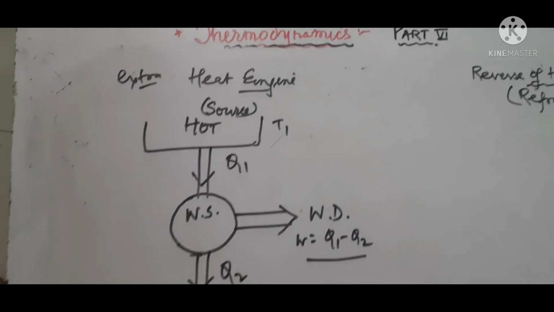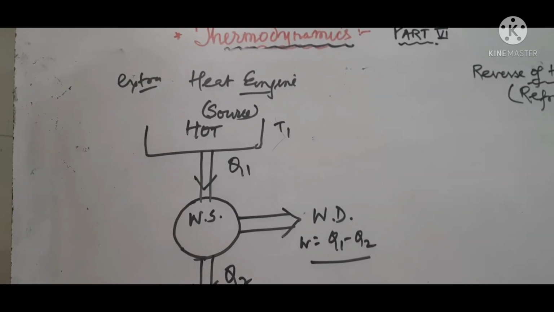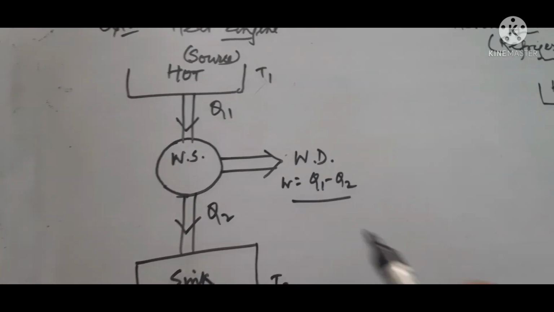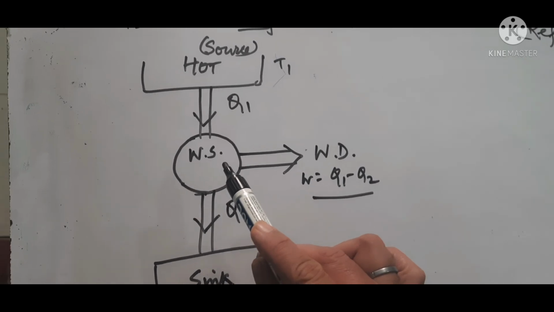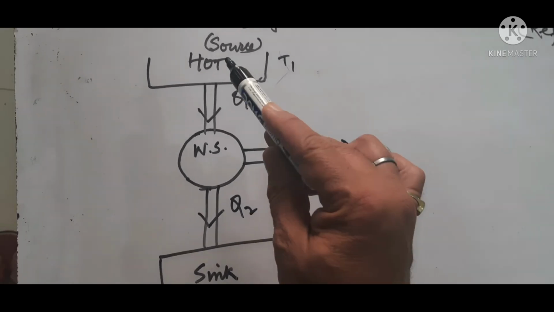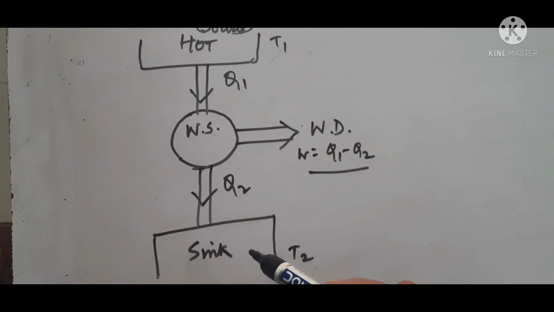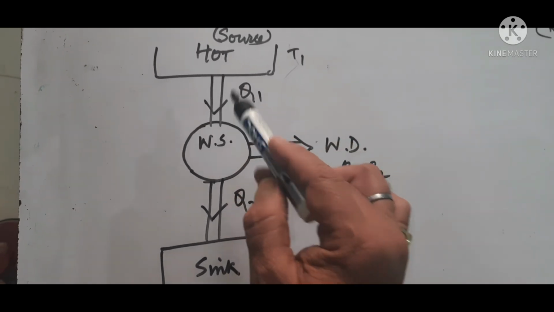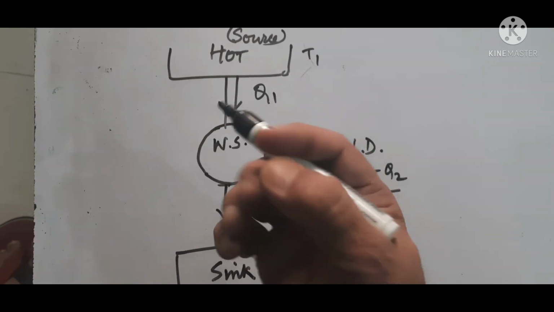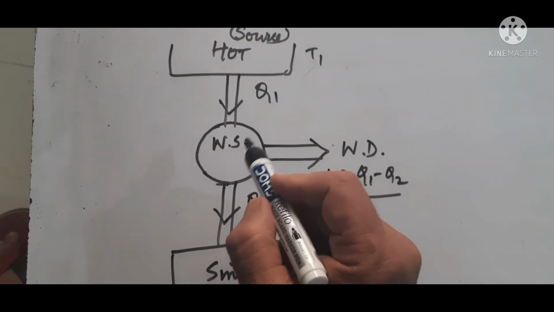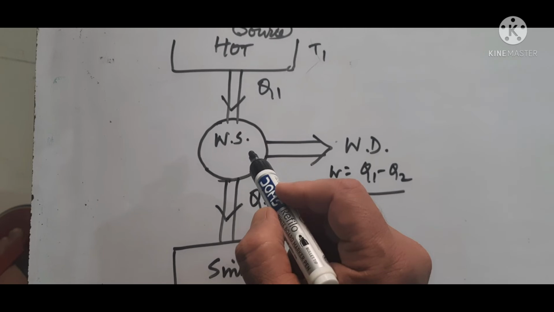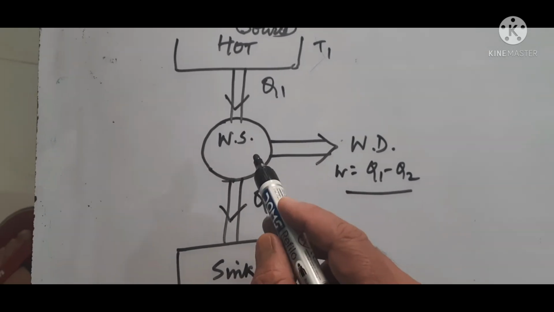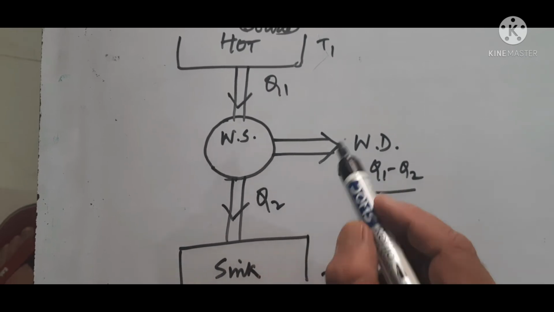In case of a heat engine, what happens? The working substance, WS, the hot object, and the surrounding or sink, the cold object. From the hot object, the working substance extracts heat, and some part is sent to the cold object, the sink, and the rest is converted into work done.